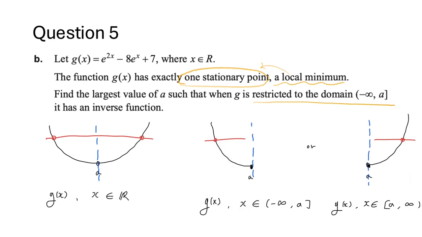So let's find this point. A stationary point is a point where the derivative is 0. So g prime of x is 2e to the 2x minus 8e to the x.